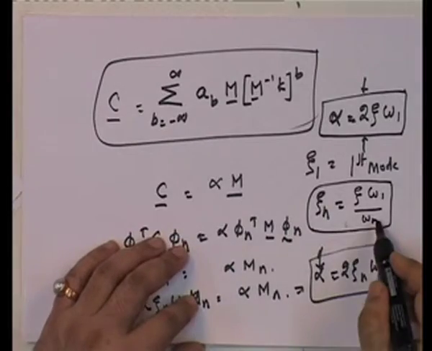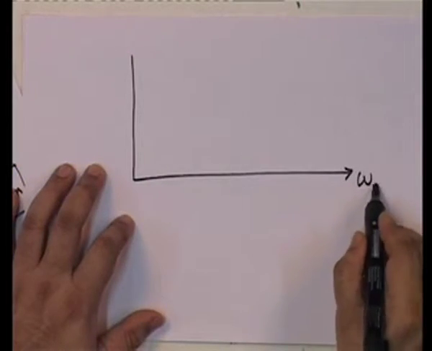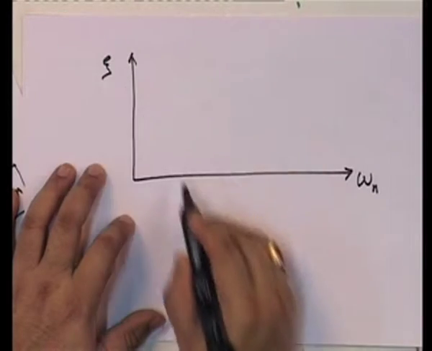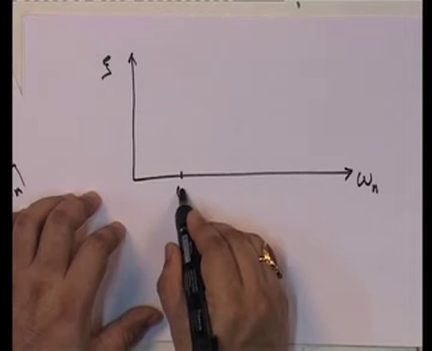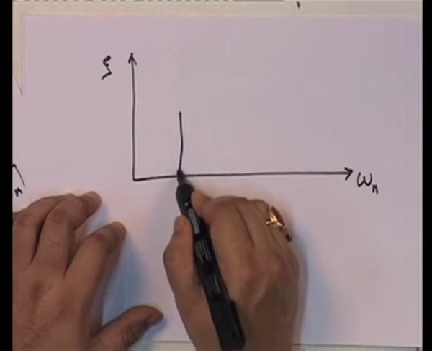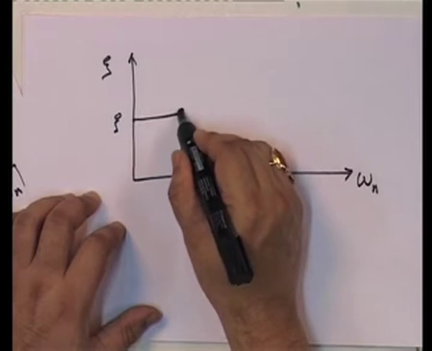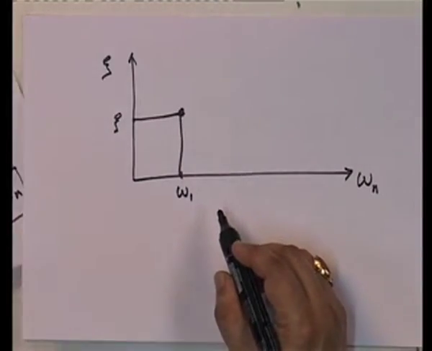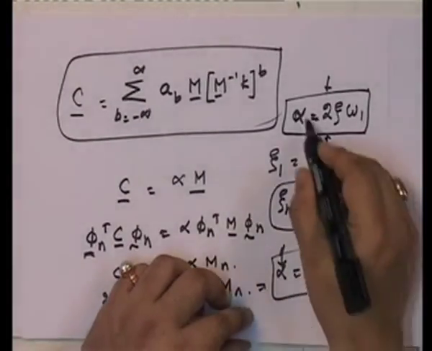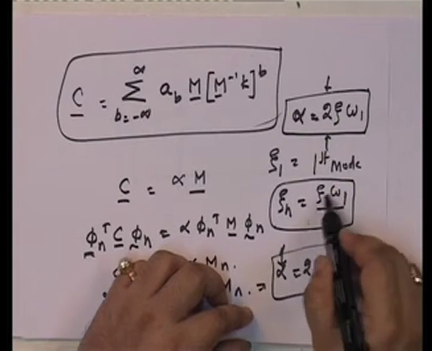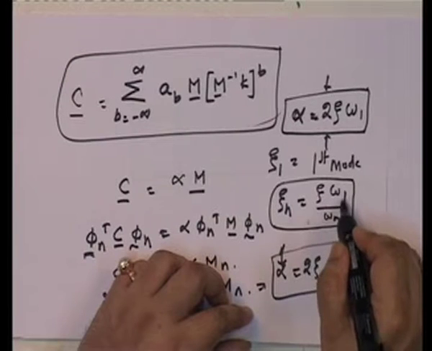Note something very interesting. What form does this take? I have omega n and I have xi. Suppose I have omega 1 and I fix xi for that value. Now once you fix it, alpha is given. So, therefore, xi n is equal to xi times omega 1 upon omega n.